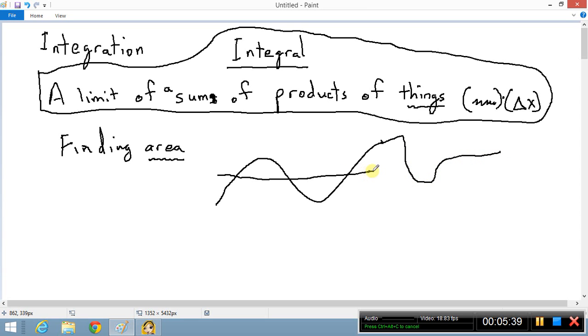It's not intended to be a sine or a cosine or anything periodic, but the area would correspond to the area between the function and the x-axis, except that I want to consider that area as being positive or negative, which doesn't make any sense in the real world, but this part of it would be positive area and this part of it would be negative area. Now, how do we really do that? Well, that's what this sum of products of things is going to be like.